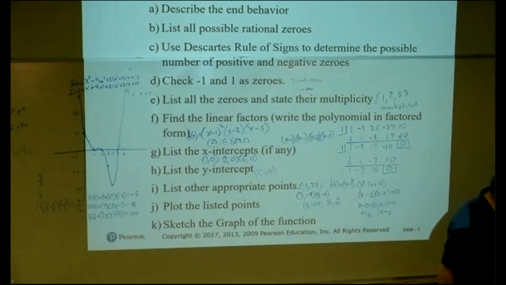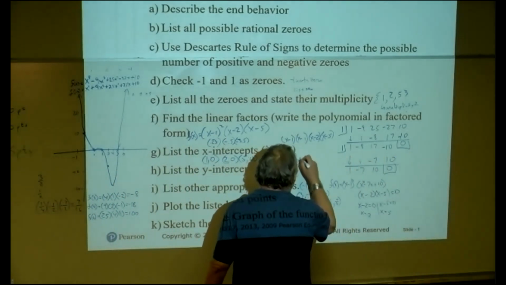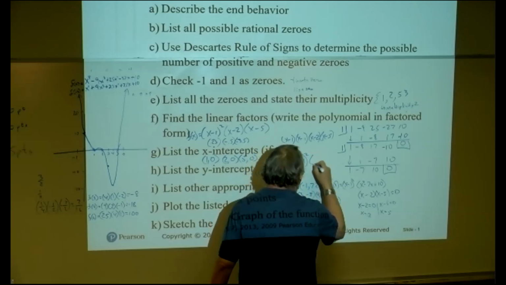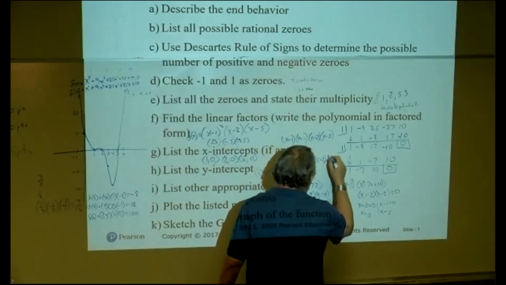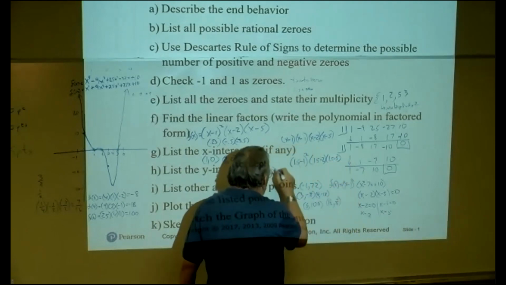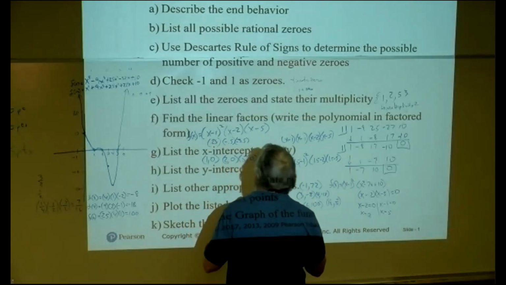So the work I would show there for 1.5 is 1.5 minus 1 squared times 1.5 minus 2 times 1.5 minus 5. That's what f of 1.5 is doing.